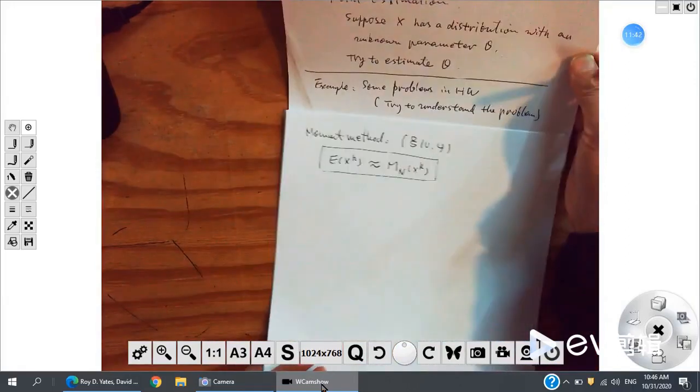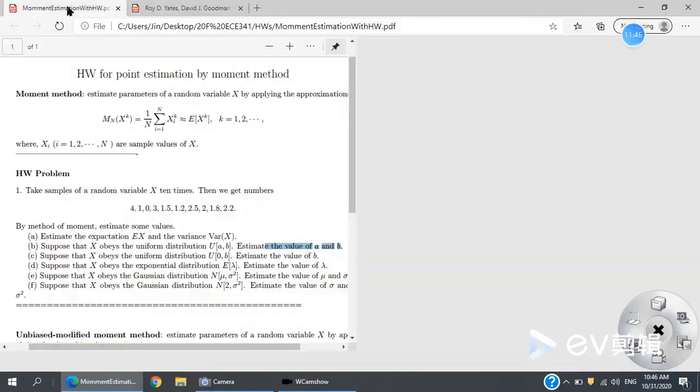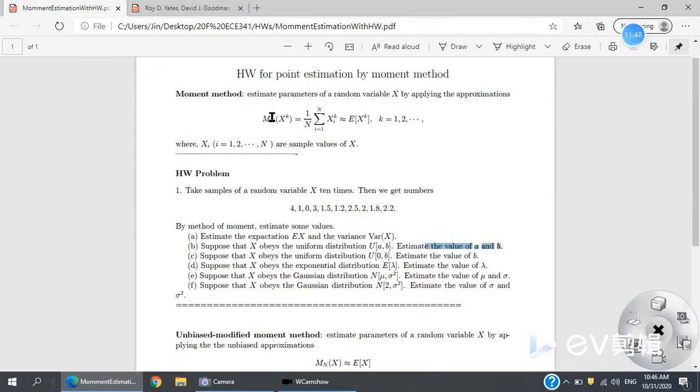The formula is here. M_k is defined as 1 over n times x_1^k plus x_2^k until plus x_n^k.